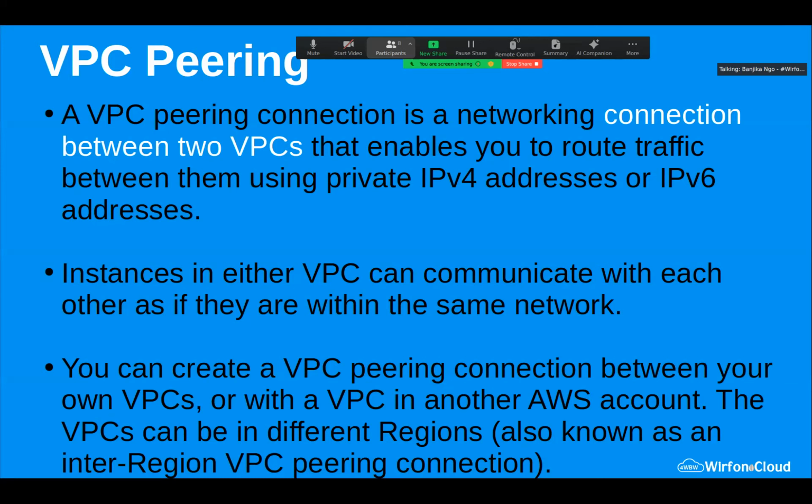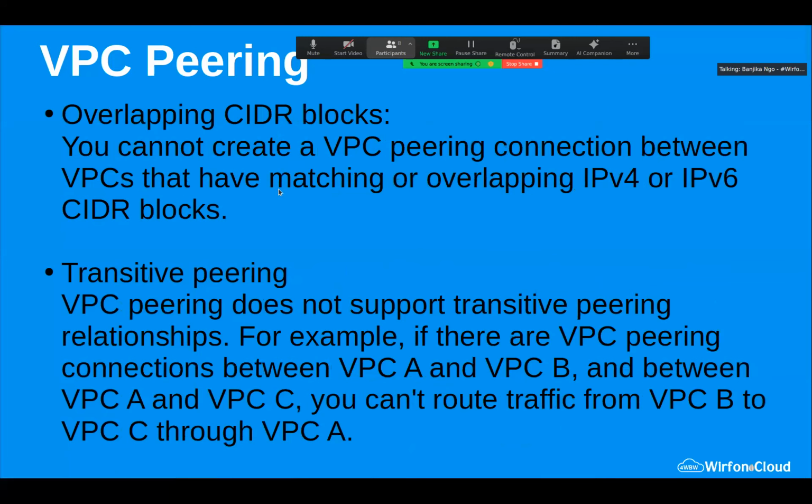Although there are some recommendations, there are things that have to be done before you can connect those VPCs. But that is where bringing two VPCs together can be useful. If a certain company decides to buy, say, a smaller company and they have VPCs and you need those VPCs to talk, that can be useful. The first thing about VPC peering is that the CIDR blocks should not be overlapping. What does that mean?